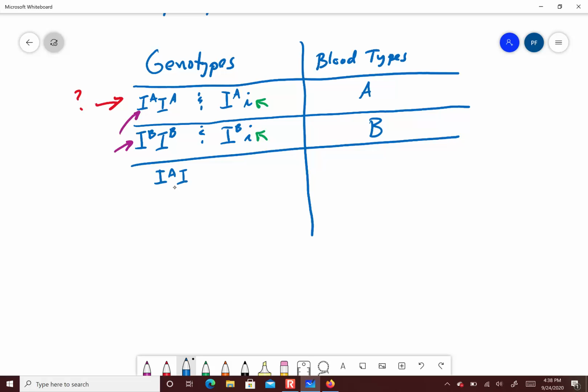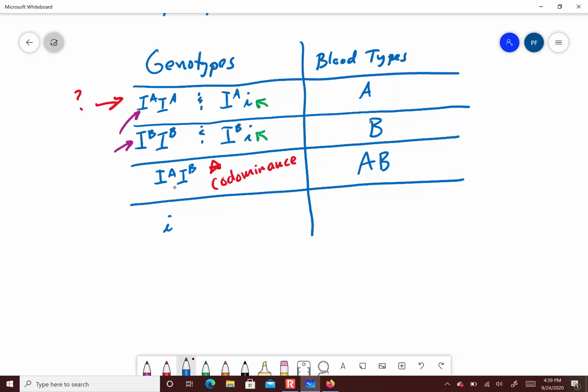All right, we can have our two dominant alleles together, IA, IB. So this is actually the only thing here that's codominance. Right? Two dominant alleles together, equally expressed, type AB blood. It's basically like having type A blood and type B blood both at the same time.